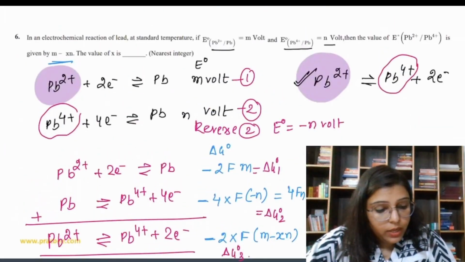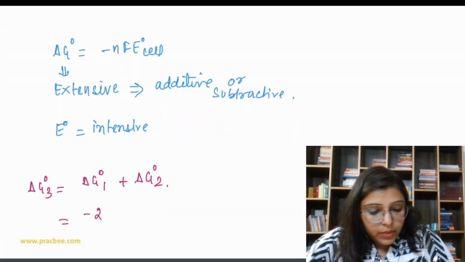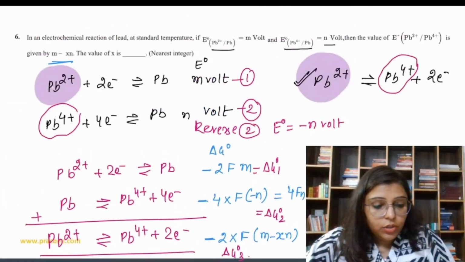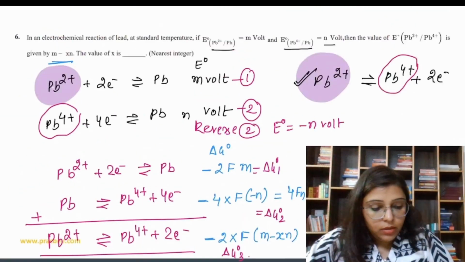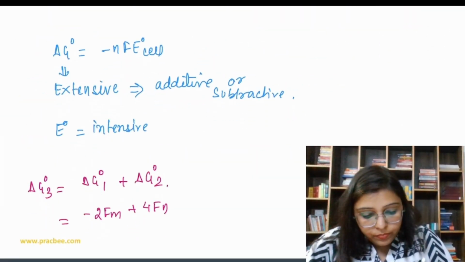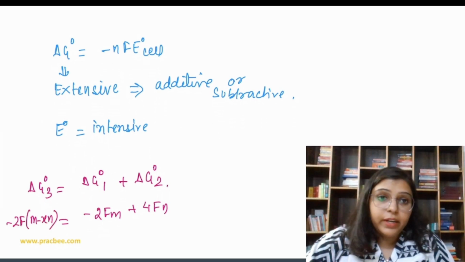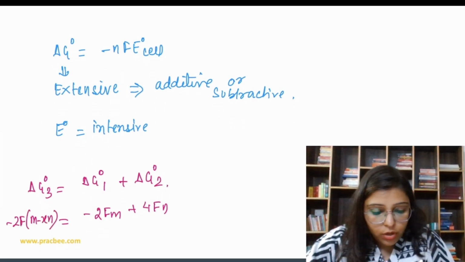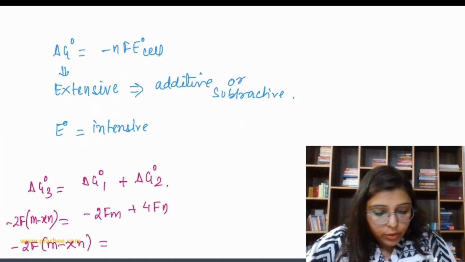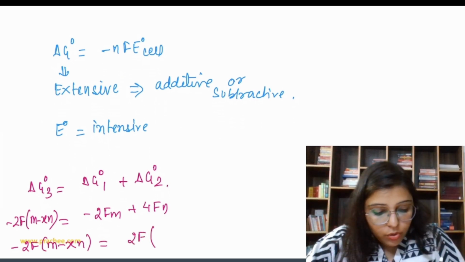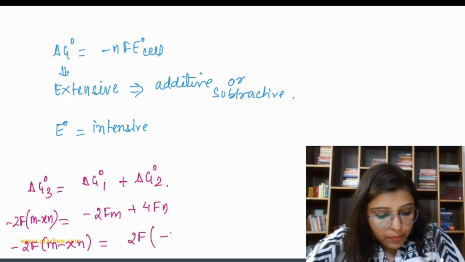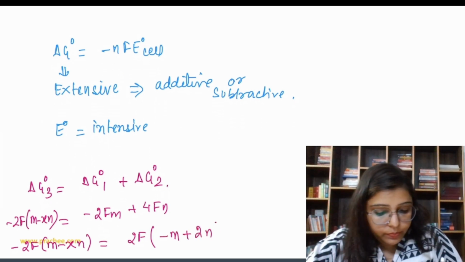So delta G naught 1 is minus 2Fm, delta G naught 2 is plus 4Fn, and delta G naught 3 is minus 2F(m minus xn). We have to find out the value of x. On solving, we take 2F common, so we get minus m plus 2n.